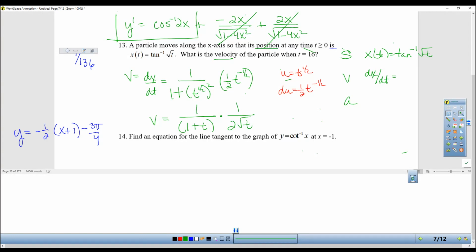Before you try and simplify it further, you're not really required to simplify it further because they want to know the velocity of the particle when t is 16. You can plug in a 16 now.